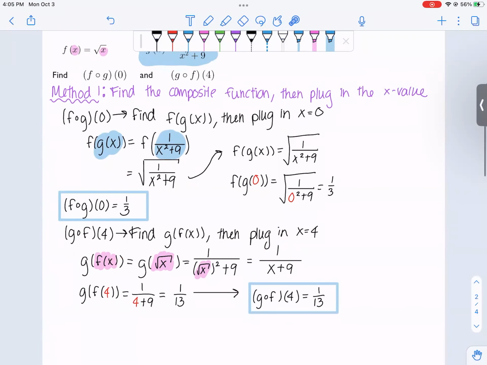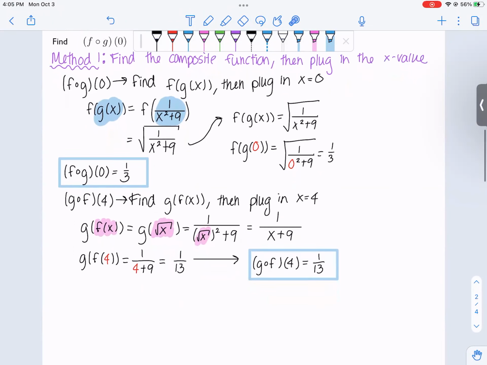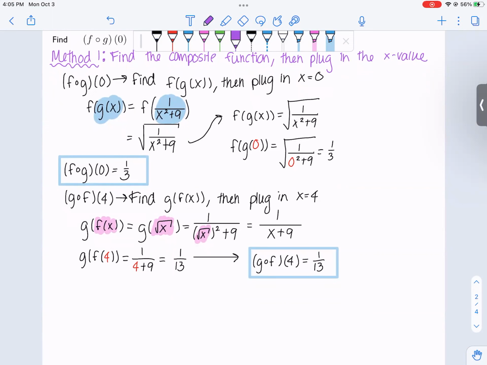The other method is to just evaluate from the inside out. Evaluate the inside, then evaluate the outside. And honestly, this method is probably going to be the one you want to use. The first method is great, especially if you're going to be evaluating several values.